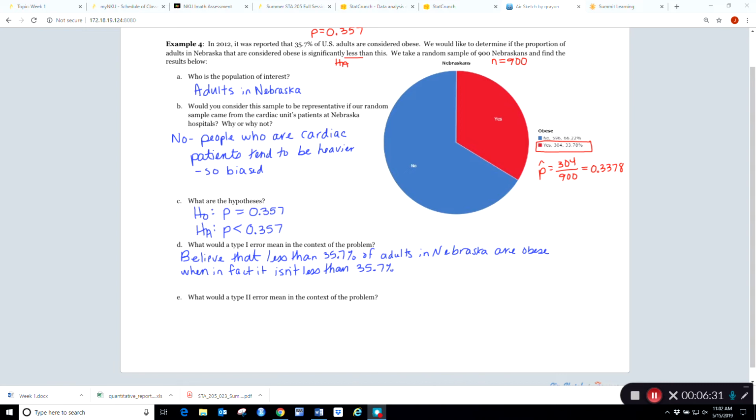So if we don't reject the null, we are going to believe the percent of Nebraska adults that are obese is not less than our 35.7%, when it really is less than.